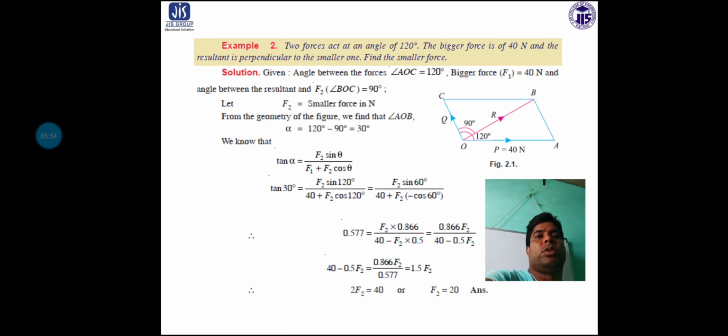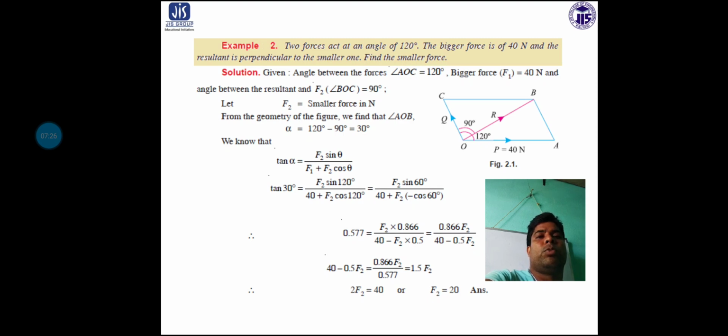The angle AOC is equal to 120 degrees. The bigger force F1 is equal to 40 Newton, and the angle between the resultant force BOC is equal to 90. Let F2 be the smaller force in Newton. From the geometry of the figure we can find the angle AOB, which will be alpha. So angle AOB is equal to 120 minus 90, that is 30 degrees.